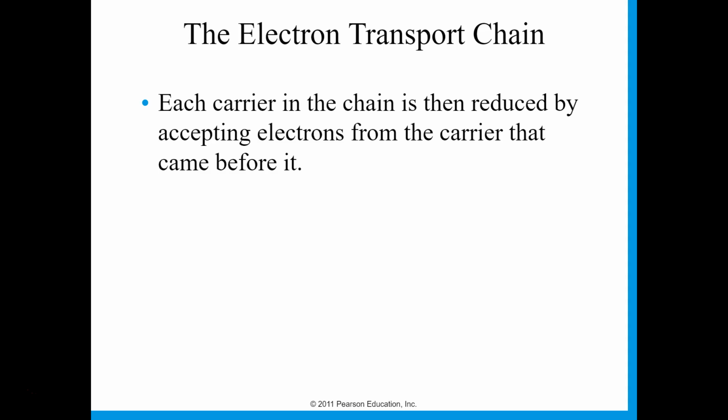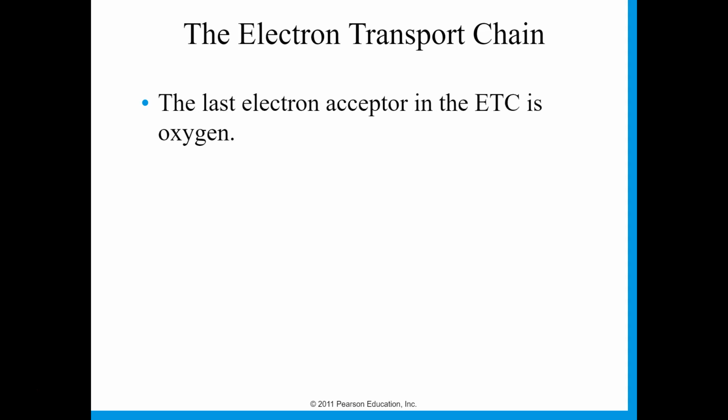But it's getting electrons that it got ultimately from a glucose molecule, and it's bringing them to the electron transport chain. Then it's dropping them off at the electron transport chain. Then those electrons are being passed downhill through these different ETC molecules. ETC means electron transport chain, by the way.